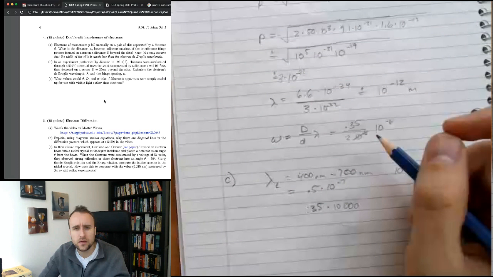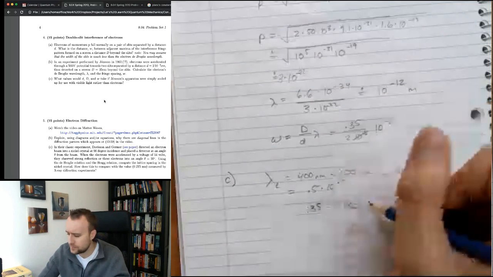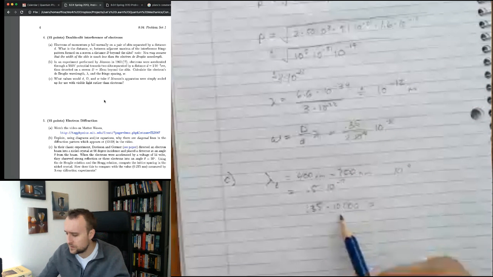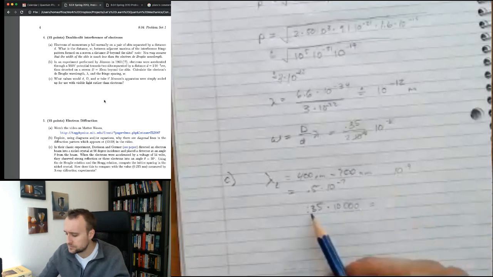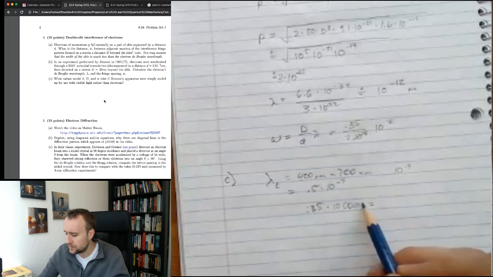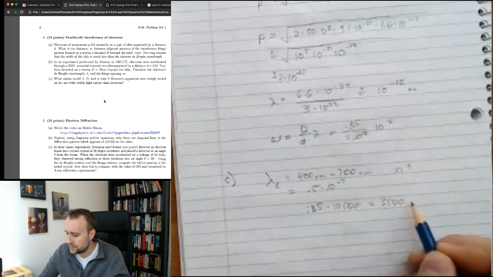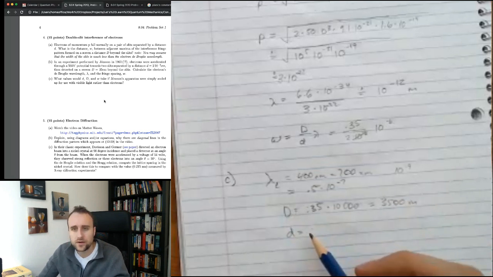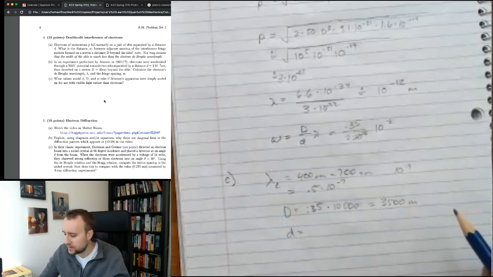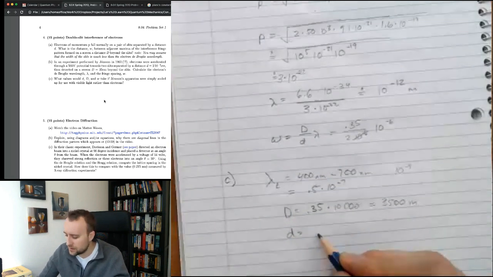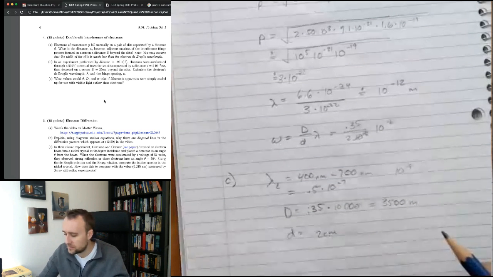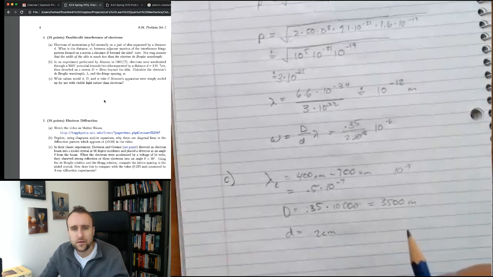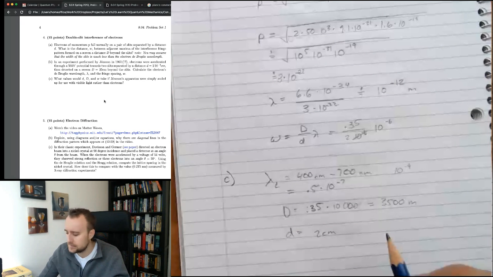That seems way too big. 35 meters, 3,500 meters, and then this seems wrong. d is what, 2 times 10 to the negative 4, and then we scale it up 4, so it's like 2 centimeter slits, and then this is equal to what?